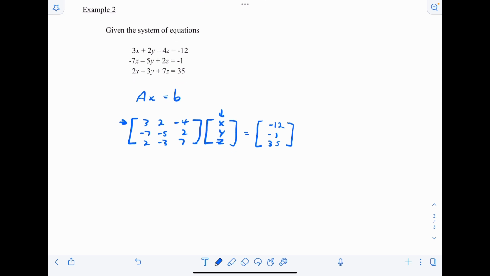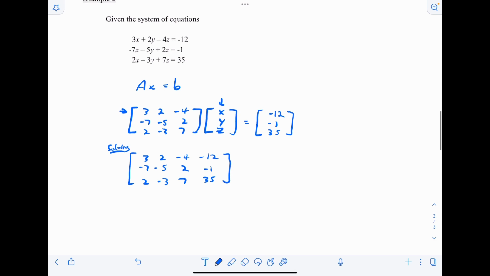Now, if we were to still use the techniques that we learned in the first chapter, if we set up our augmented matrix, I'm going to go ahead and solve this. So I'm going to set up my completed augmented matrix: 3, 2, -4, -12; -7, -5, 2, -1; and 2, -3, 7, 35.